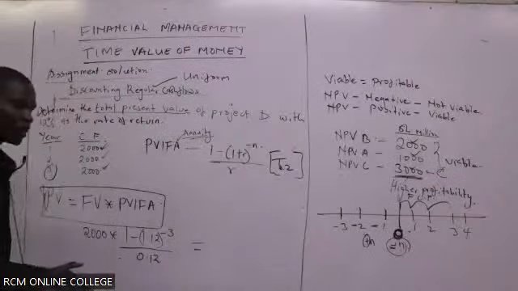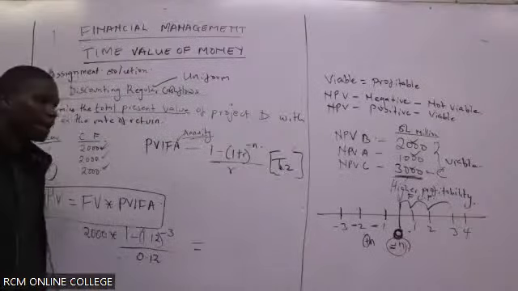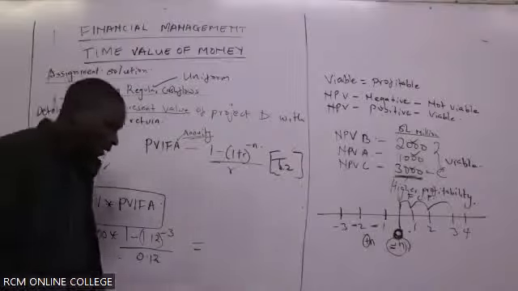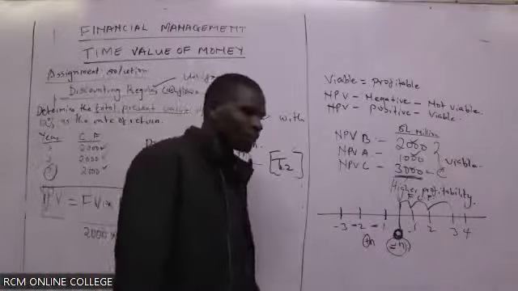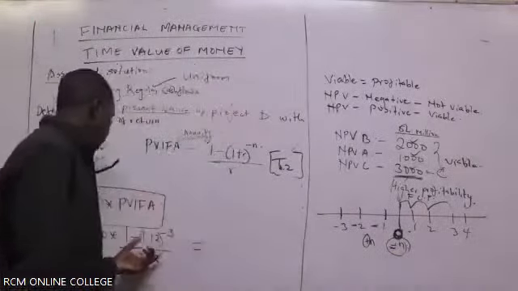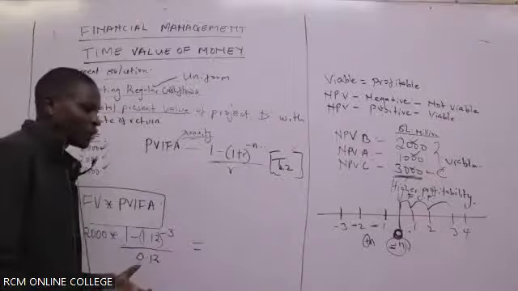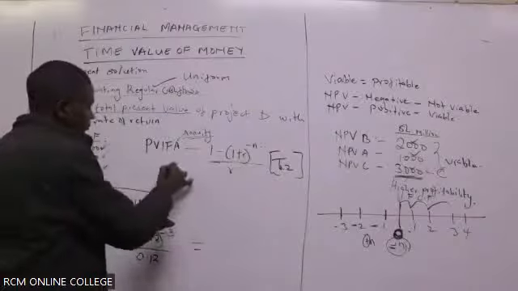Now, somebody to give us the present value for this. Use the table to get the PVFA. Somebody else to use a calculator. What is the PVFA here?